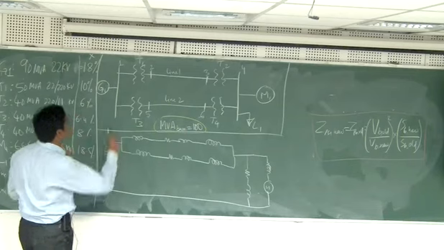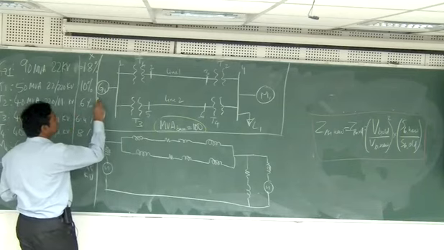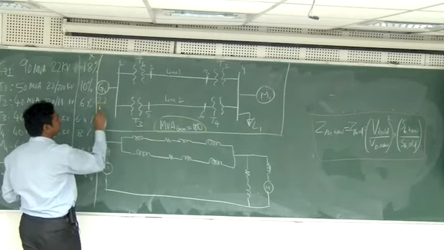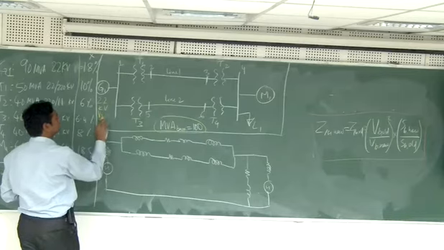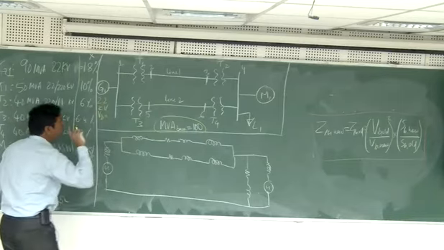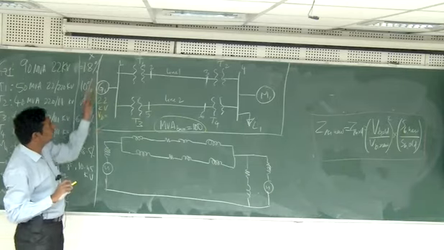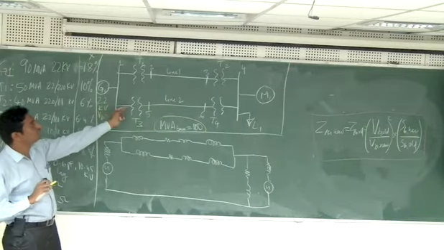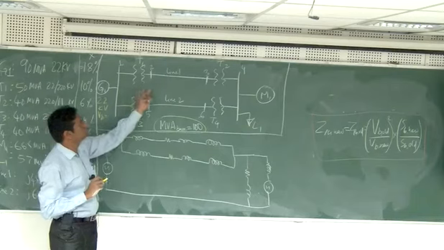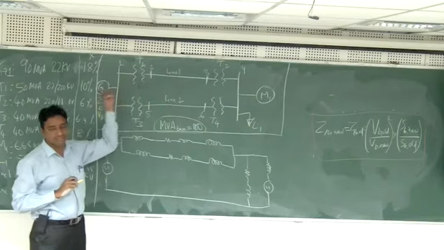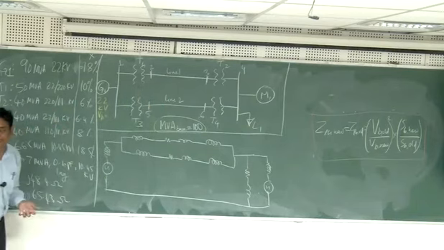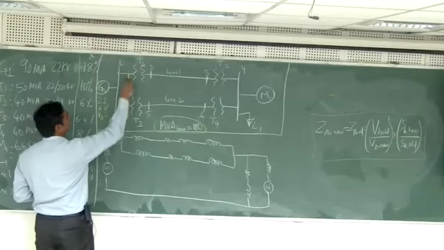It's also given in the question for generator G1, so you take 22 kV as the V base. Whatever you choose for the generator will apply for this entire bus 1. For transformers it's your wish: you can put the transformer on the line 1 side, or on the generator side. For our problem, let's keep this separate like this.